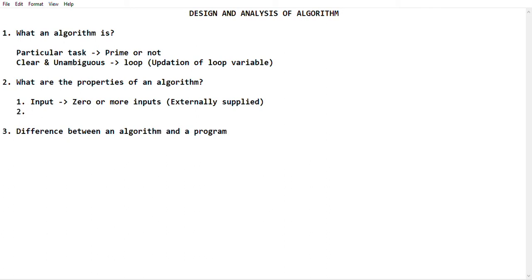Next property is output. An algorithm should produce at least one output.